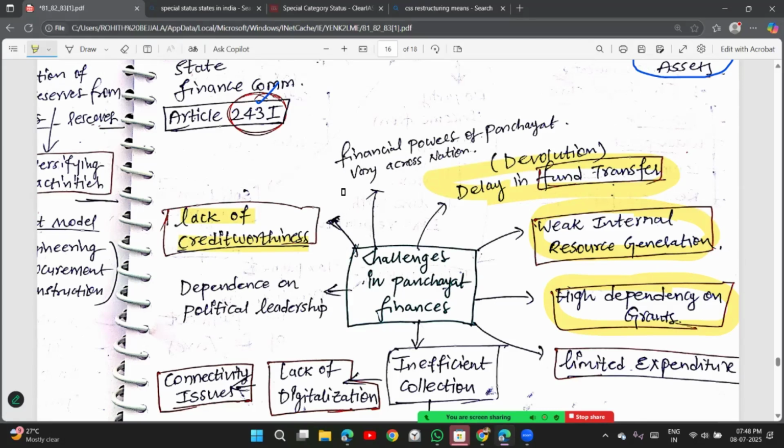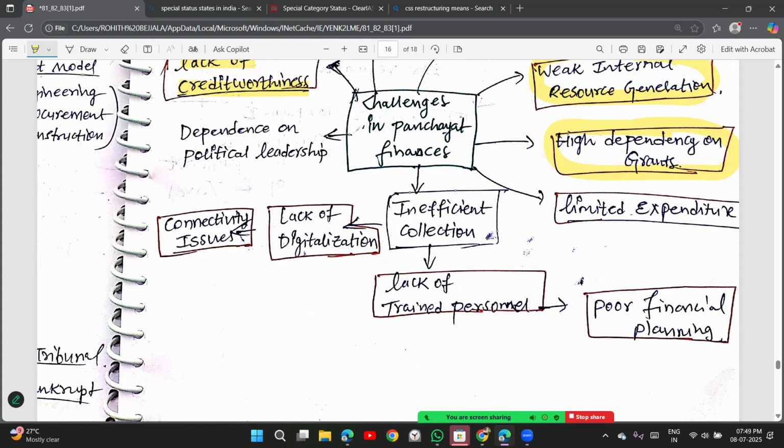When the panchayat is trying to collect finances, creditworthiness is lacking. Most of the time panchayats depend on political leadership, and if it is dependent on political leadership, stability is not guaranteed. There is also inefficient collection.